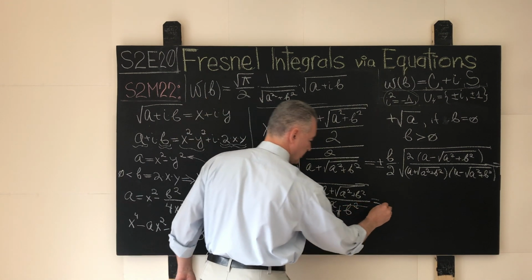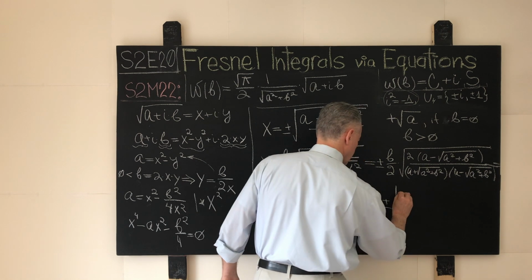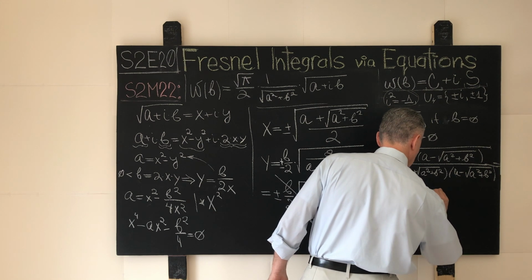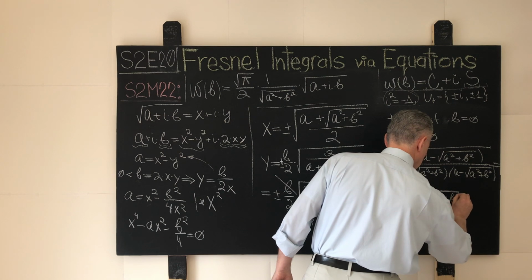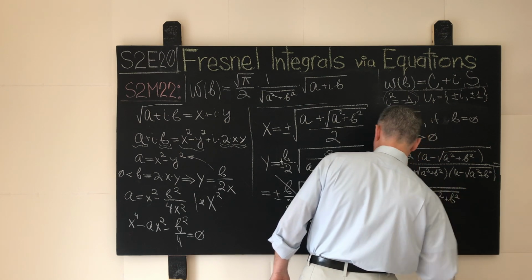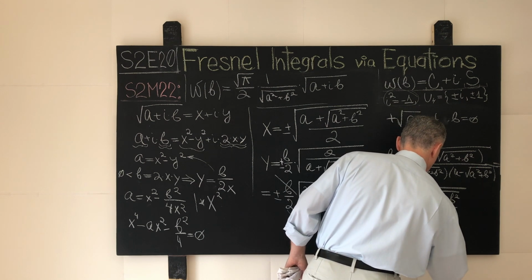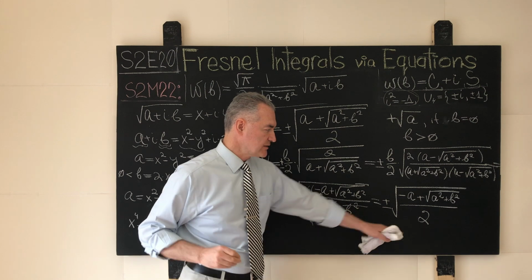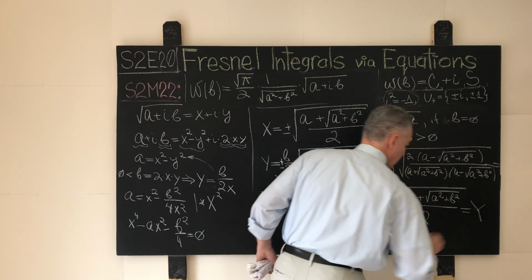And what do we have in the end? Plus or minus square root of negative a plus square root of a squared plus b squared over 2. Now this is our expression for x. For y, let me write it down over here.